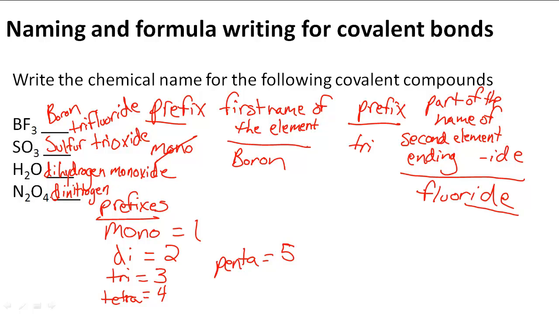And then there are 4 oxygens, so it's tetroxide, which tells me there are 4 atoms of that element. So it's dinitrogen tetroxide. Here, we can figure out the formula from a name, and the name from the formula, for covalent compounds.